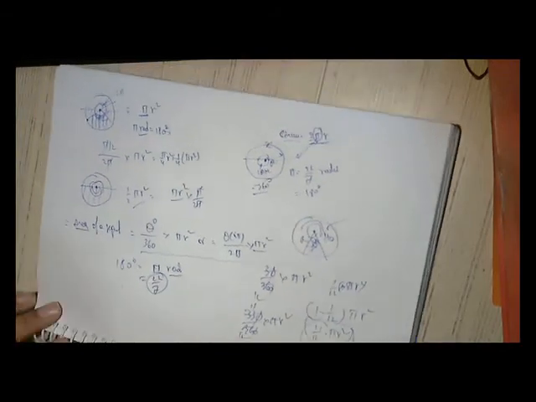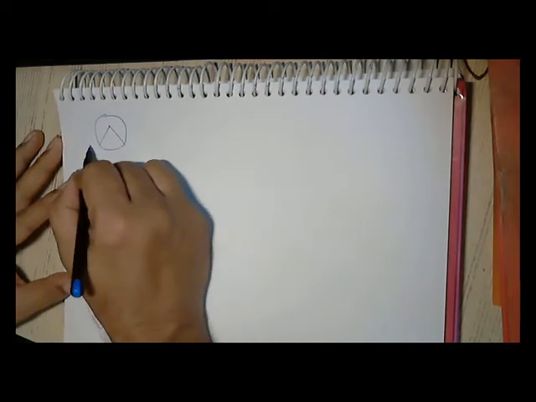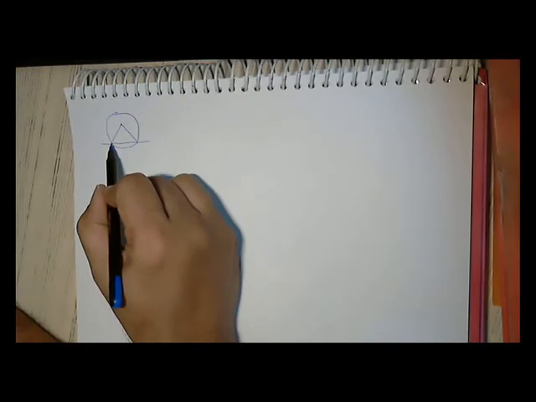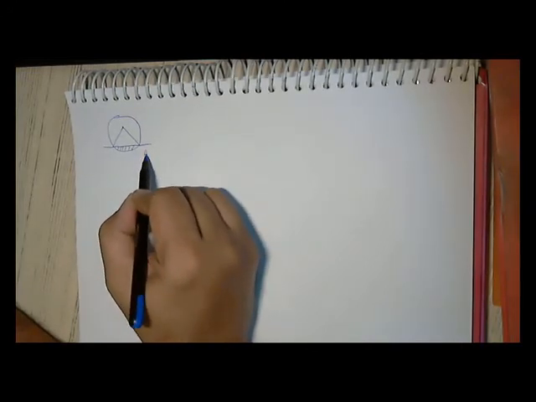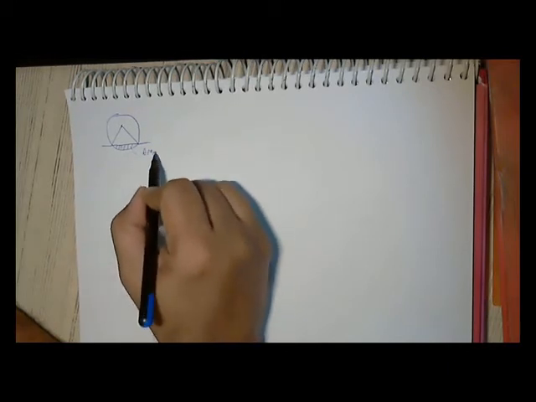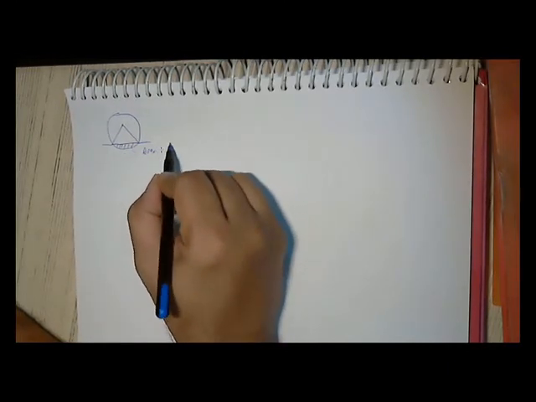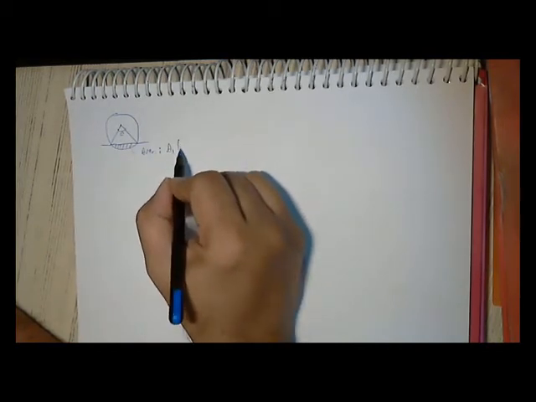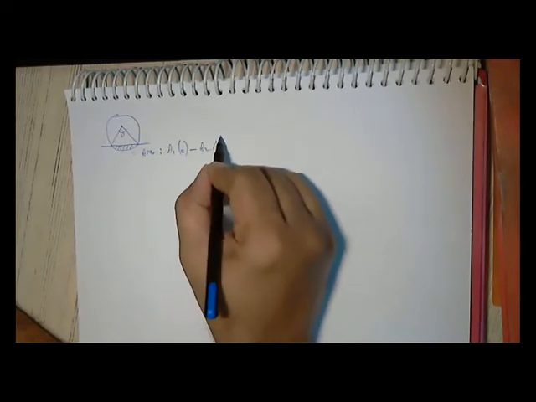Now suppose I want to find the area of the secant. This is the secant. What is this area? This can be taken as two areas: one is A1 formed by this theta, minus A2 formed by the triangle.